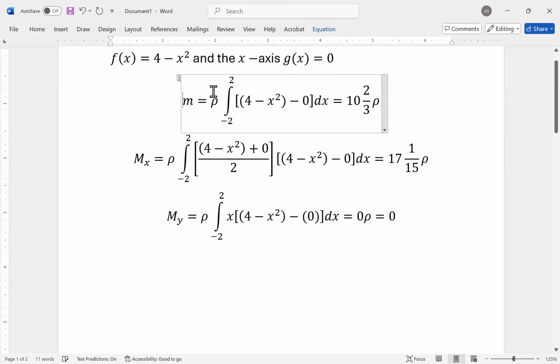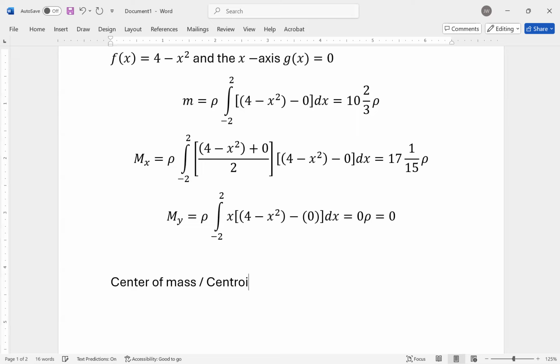So let's think about what that means in terms of the center of mass, which again is also the centroid of this figure. It's the point of balance as long as we have constant density. If we have this planar lamina of constant density, then that's the point of balance.